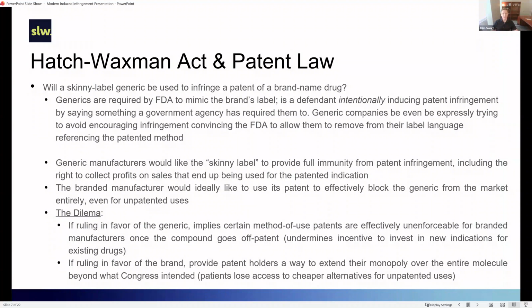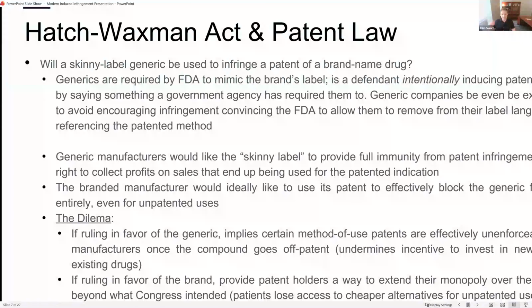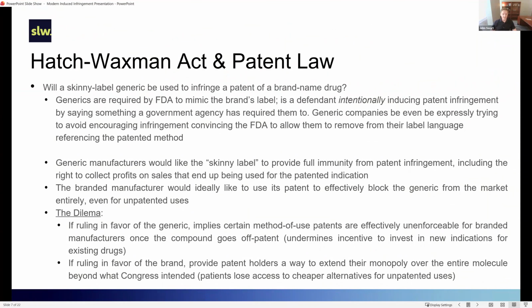And of course, on the other side, the branded manufacturer would ideally like to use its patent to block the generic from the market entirely. At least that's what we've seen branded manufacturers pushing for, and that's maybe the whole purpose of this section in the Hatch-Waxman Act, to prevent this sort of monopolization of certain drugs via patents.